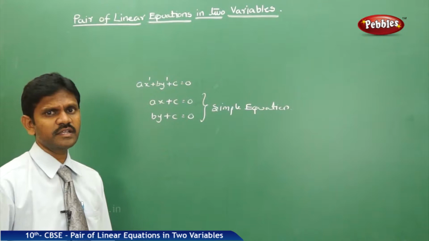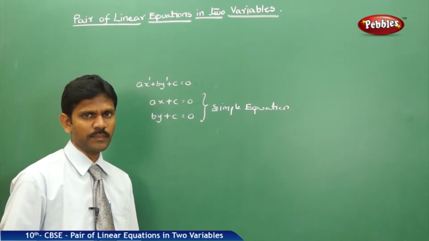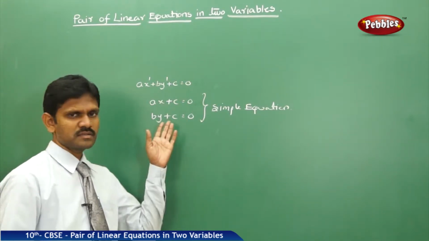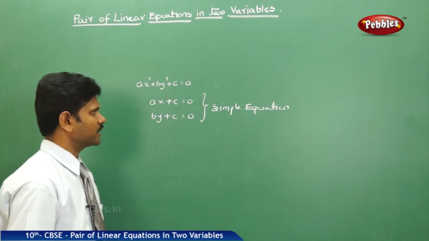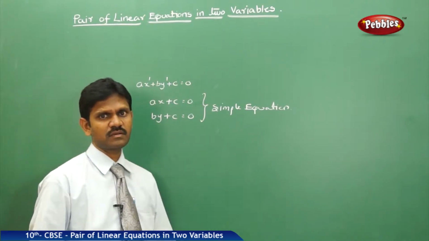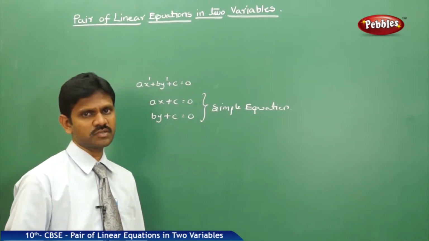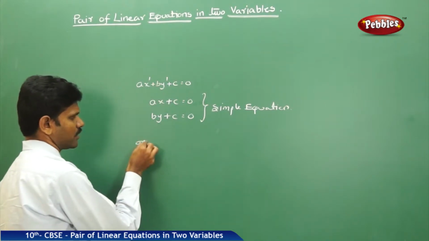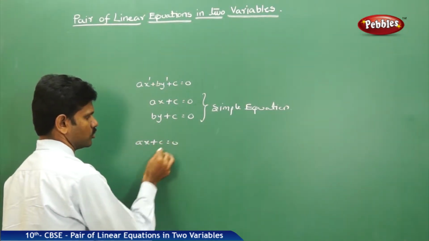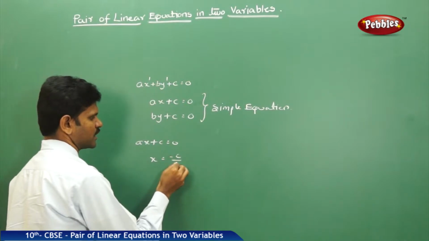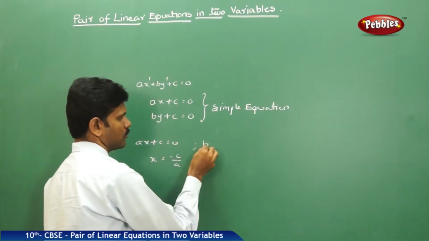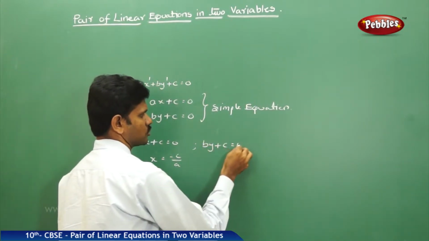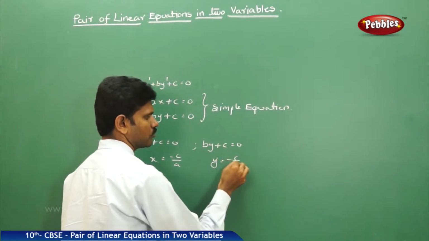A linear equation with one variable is called a simple equation, and a simple equation has only one solution, that is a unique solution: ax plus c is equal to 0, x is equal to minus c by a, or by plus c is equal to 0, y is equal to minus c by b.